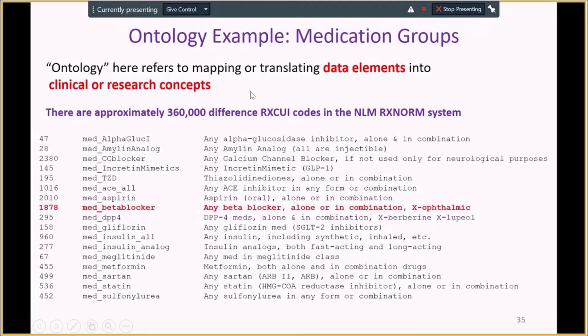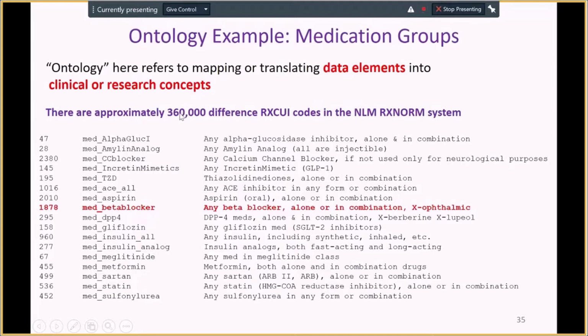By contrast, we use the term ontology to refer to mapping or translating data elements into clinical or research concepts, as opposed to just cleaning up the data. Here are a few examples. One of the standard ways to identify medications and prescriptions is through RxCUIs, which I forgot what the CUI stands for, but it's some kind of code in the National Library of Medicine RxNorm system.